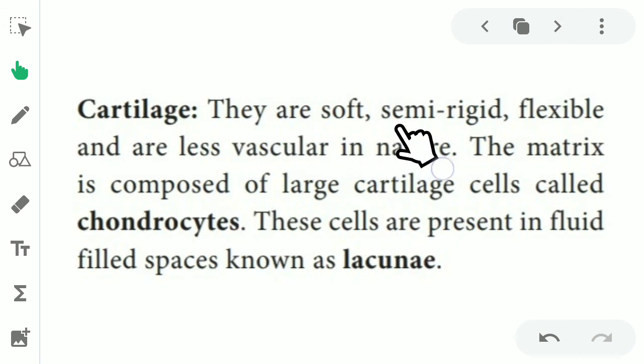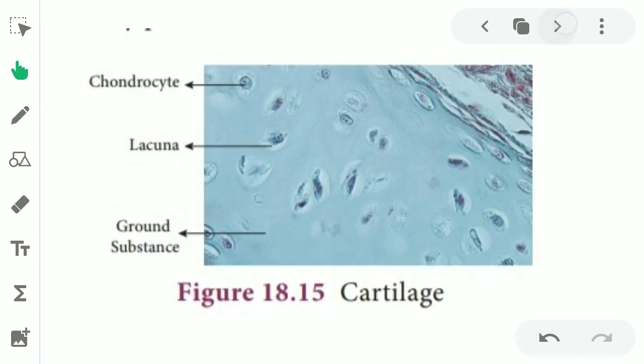Cartilage is soft, semi-fluid, flexible and less vascular in nature. The matrix is composed of large cartilage cells called chondrocytes. These cells are present in fluid-filled spaces known as lacunae. See, this is cartilage tissue: chondrocytes, lacunae, and the ground substance called matrix.